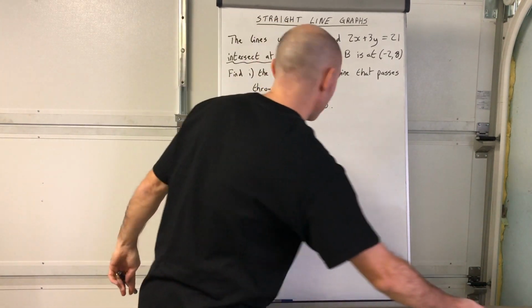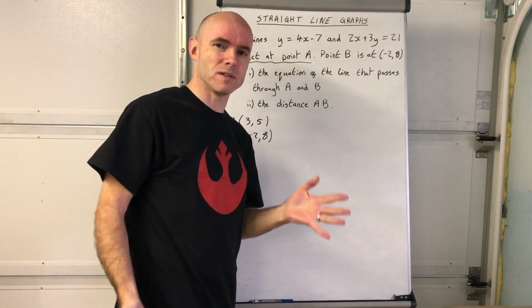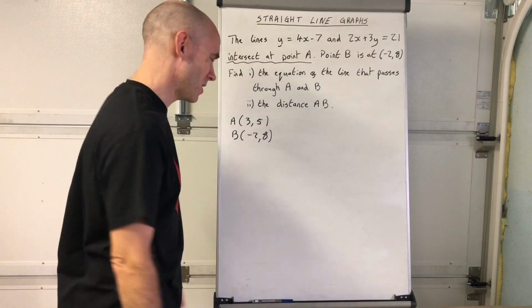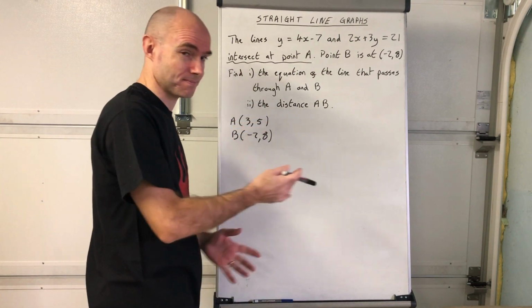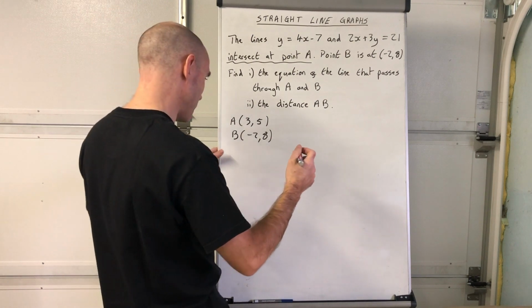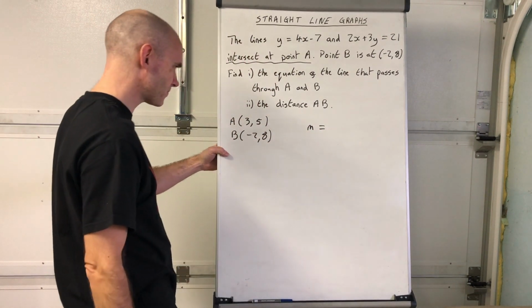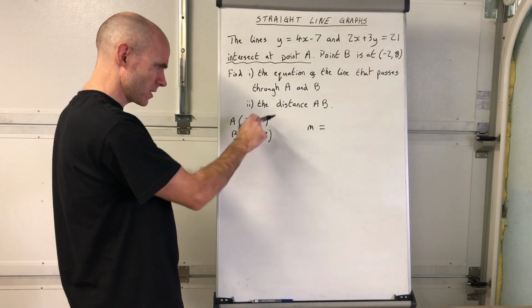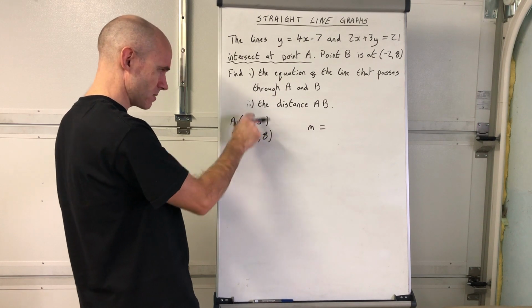What we've got to do, find the equation of the line that passes through A and B. So go back to one of the very first examples, okay? Find the equation of the line that passes through these 2 points. It's quite simple. We need to find the gradient, don't we? So I'm going to put this here. M is equal to, because of the negative, I'm going to do it this way around. 5 subtract 8 and 3 subtract negative 2.